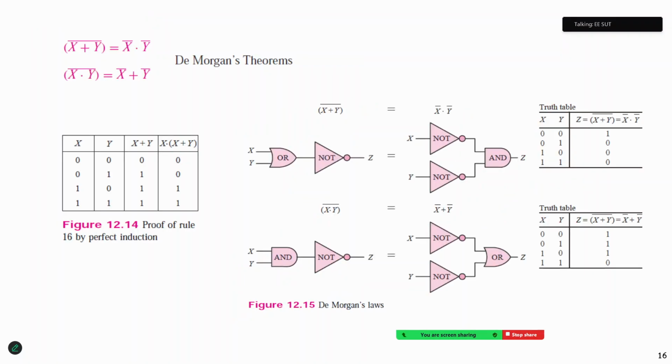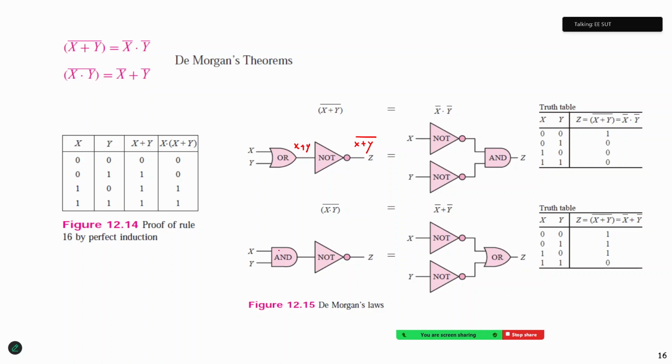So you can use a combination of many gates together, right? For example, if X and Y are together, and then we invert the output. So this is X plus Y, then we invert, right? Inverse of OR, or we can call it the NOR gate, right?